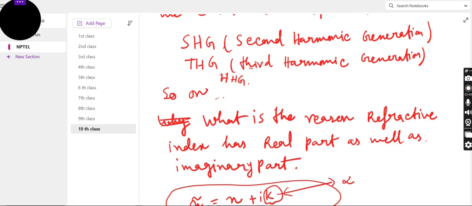From now on we will see that the refractive index has an imaginary part as well. I hope you have gone through the lecture series and already knew that the imaginary part is connected to the absorption coefficient.